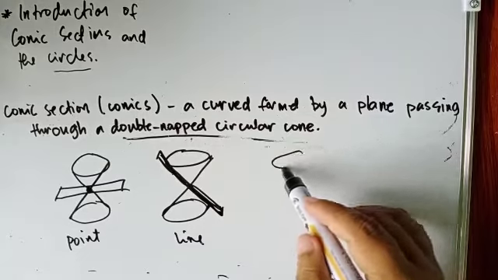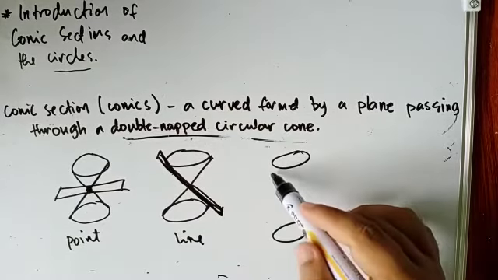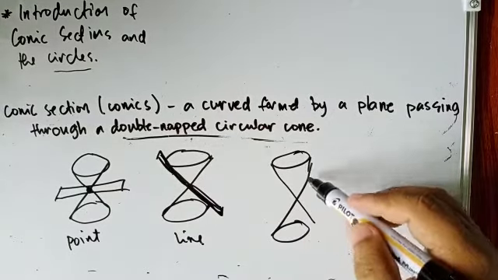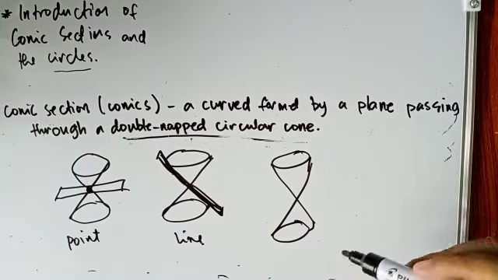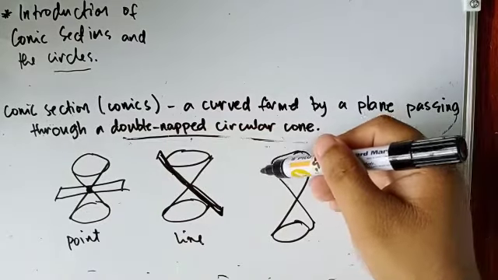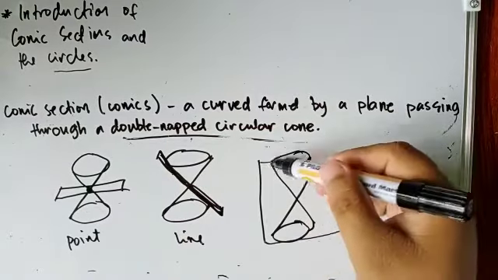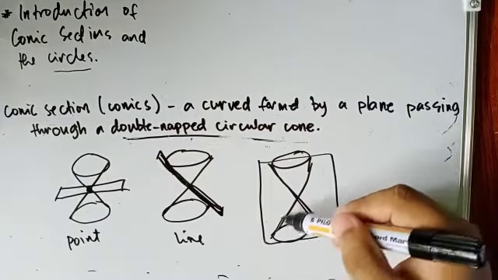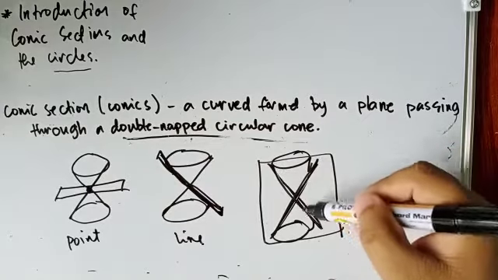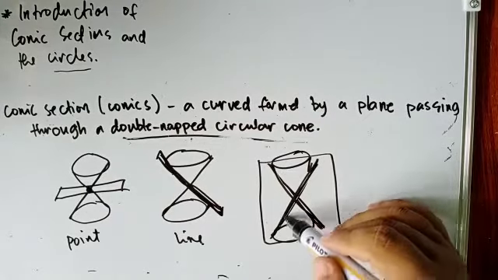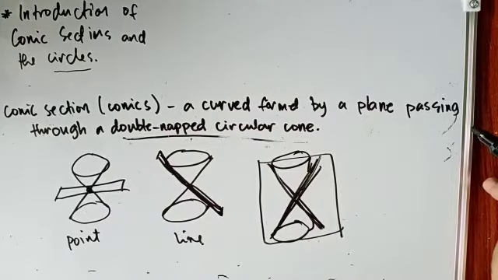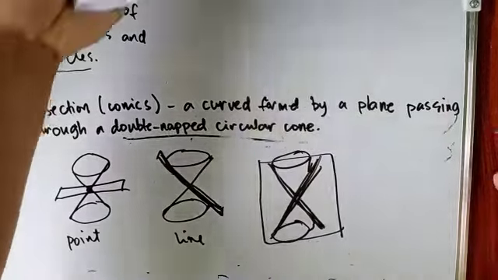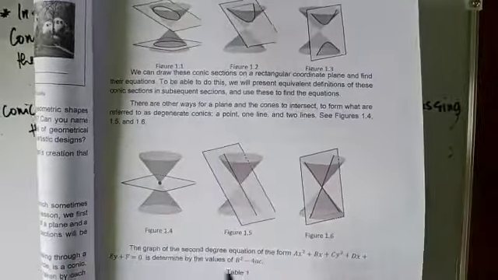Tapos, next one is ito, yung case natin dito. So, yung plane natin, ilagay natin dito sa may gitna, palusutin sa may gitna, makaka-create siya ngayon ng intersection na ganito. Nakuha. So, actually, ganito siya. Ayan.